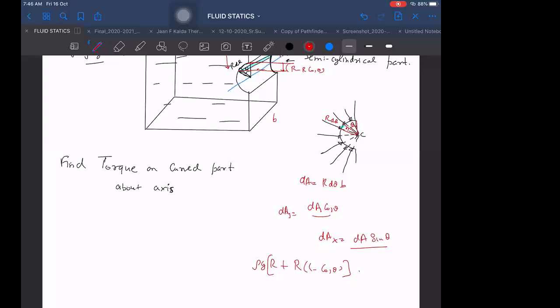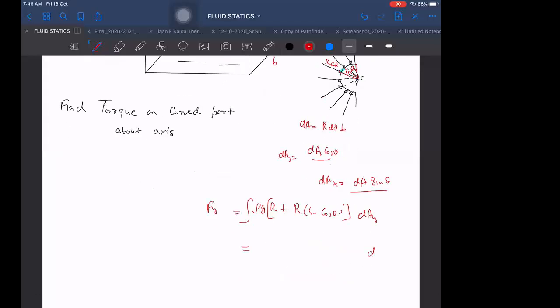This is the pressure. Pressure into area: I have to take dAy to find out the vertical force, and I have to take dAx to find out the horizontal force.